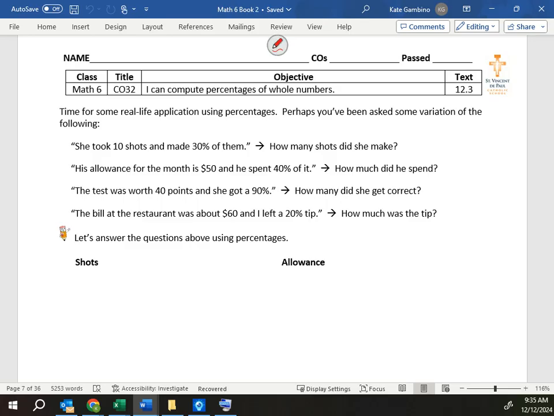So you can convert the percent to a fraction or decimal.